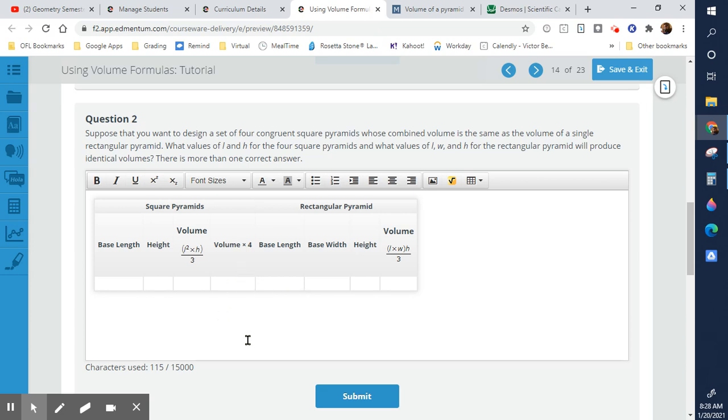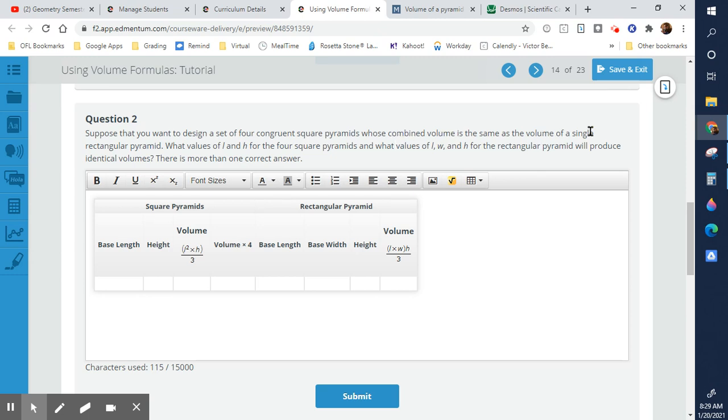So the difference between the two: what values of length of four sides value produce the identical value. Okay, so suppose we want to design a set of four congruent square pyramids.